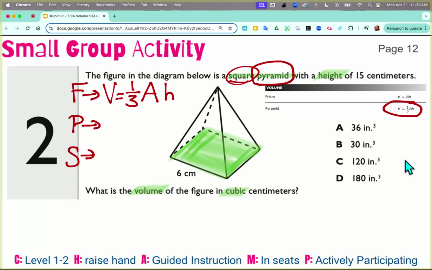So area of a square is 6 times 6, which is 36. So I'm going to plug in 1/3, 36 for my area, and my height in the word problem says it's 15.